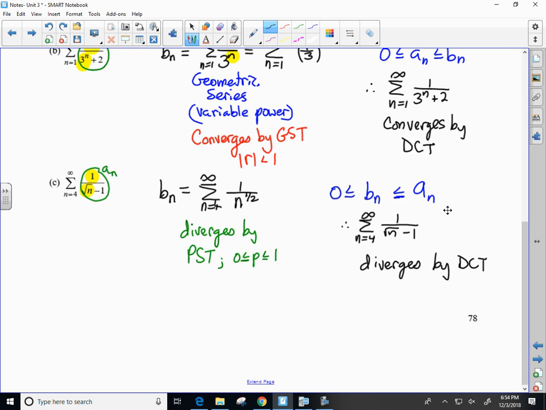So if that relationship didn't hold up, if you had a sub n being between b sub n and 0, and then you got divergence of b sub n, that would be inconclusive, because that would tell us that the upper bound diverged, but that wouldn't tell us anything about what was happening with the inner function.